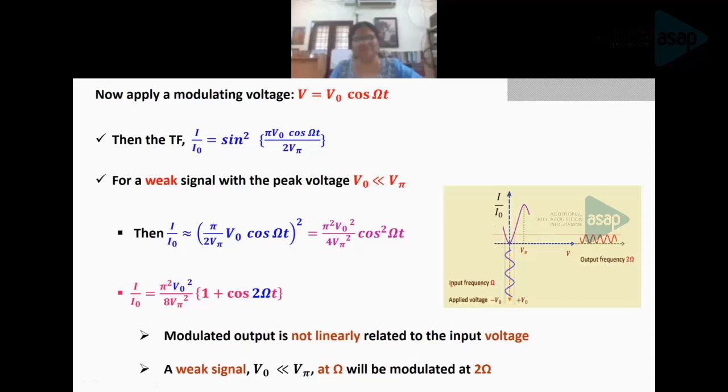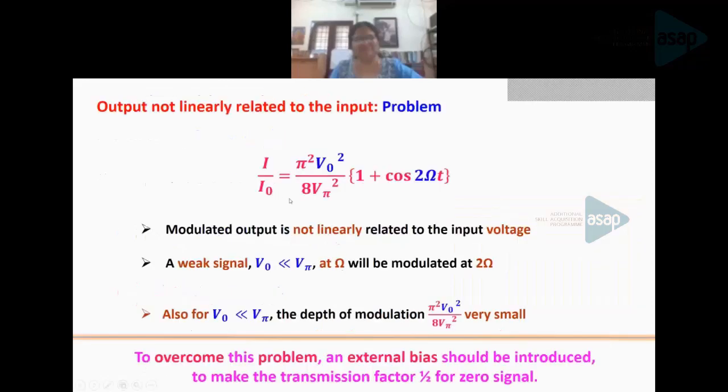So there are three problems here. One is that the modulated output is not linearly related to the input voltage. It is quadratically related. That is one problem, because we are dealing with the linear electro-optic effect, so it is not possible to depend linearly on the applied voltage.